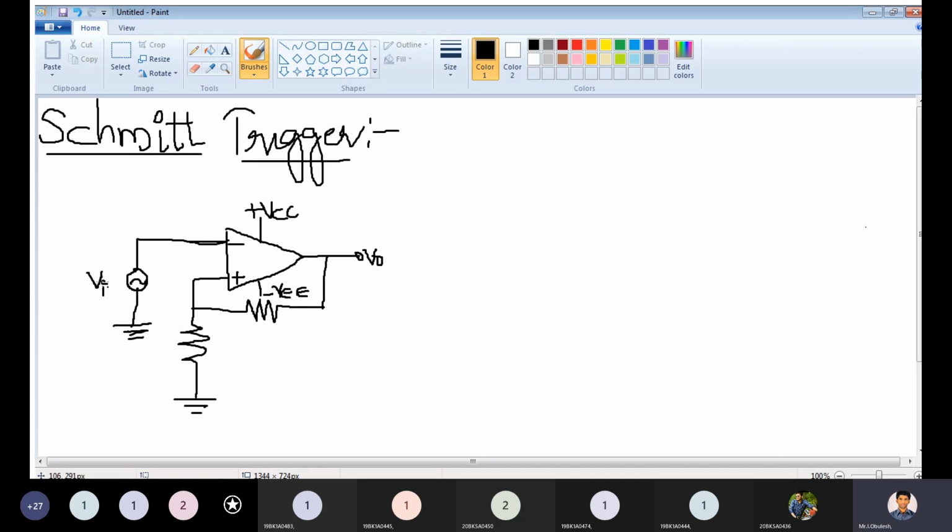When input Vi is slightly more positive than V reference, assume that here we have a V reference at this point. This is R2, sorry, this is R1.